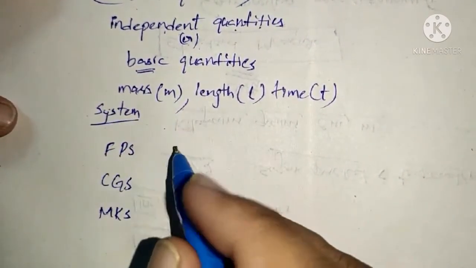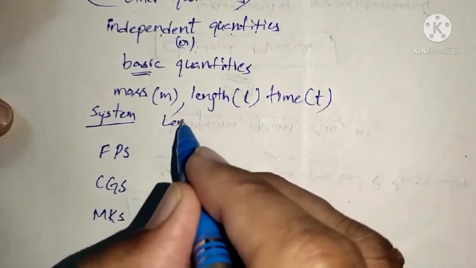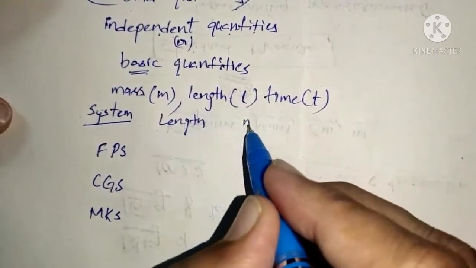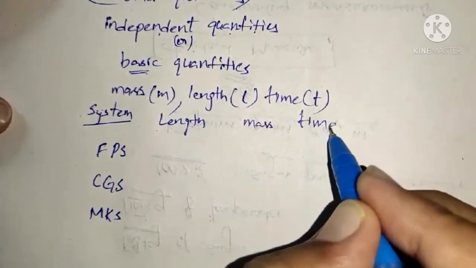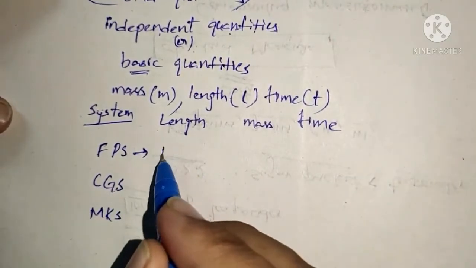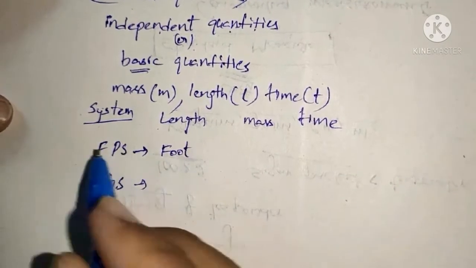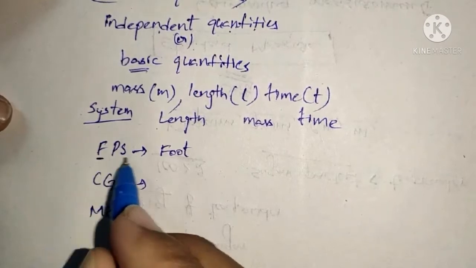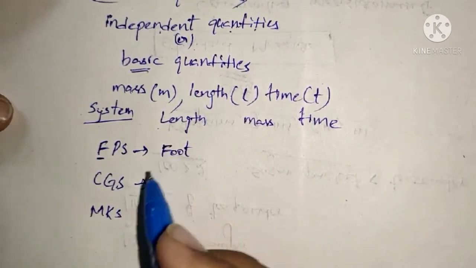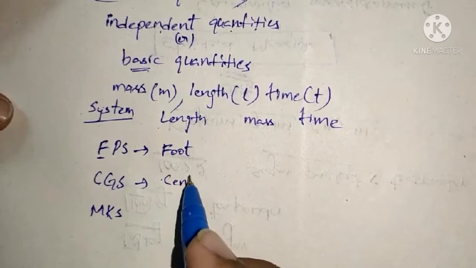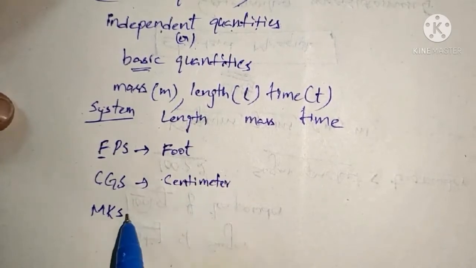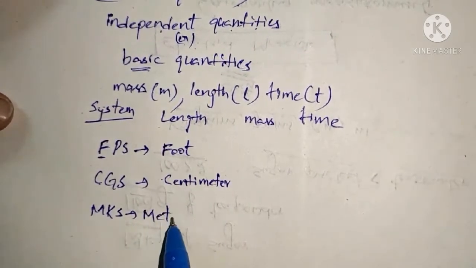In these systems we take the basic quantities: length, mass, time. So in FPS, what is length? Length is foot. Why? Because F is foot, C is centimeter, and M is meter.